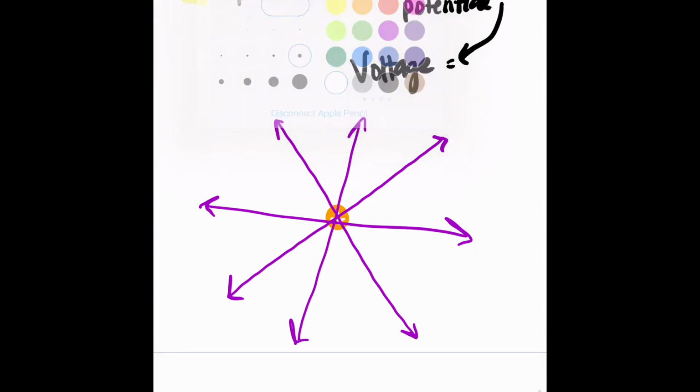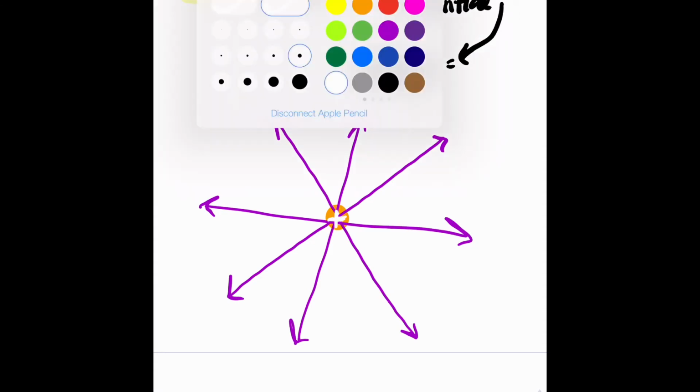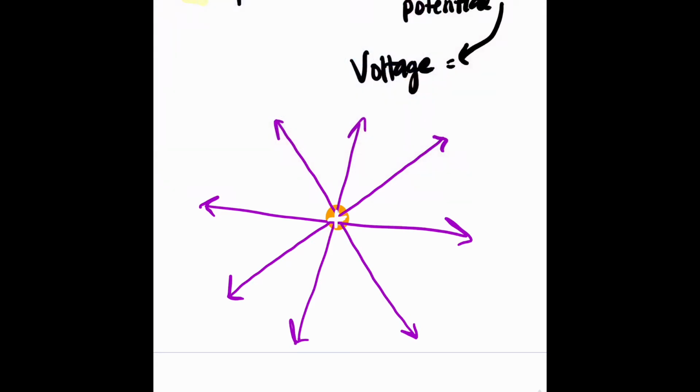Alright, so we have our positive charge, and now we have our field lines that go out of the middle. We note that it's a positive charge, so the electric field lines are going away from the charge. Now to draw the equipotential lines, we're simply going to draw a circle around this positive charge with an even radius.